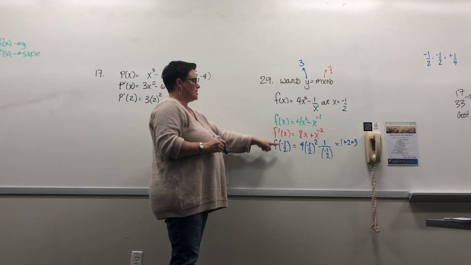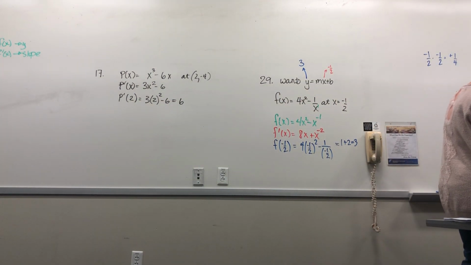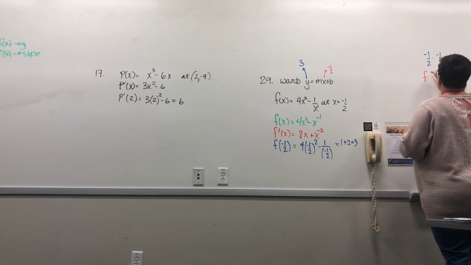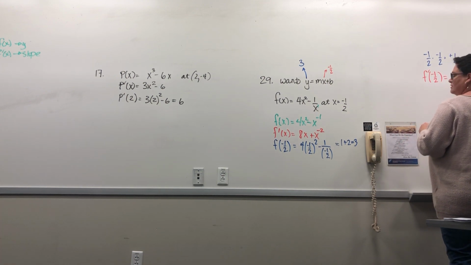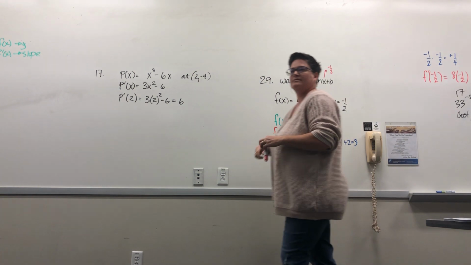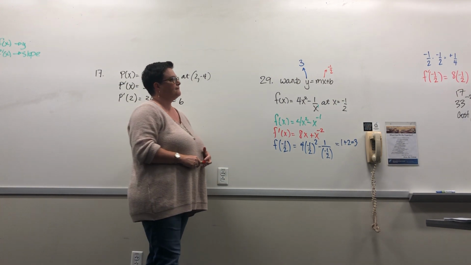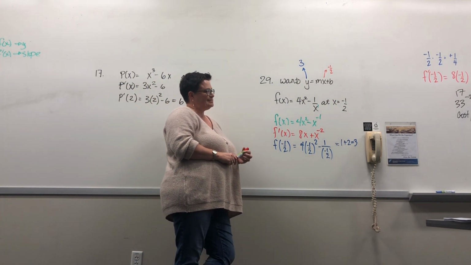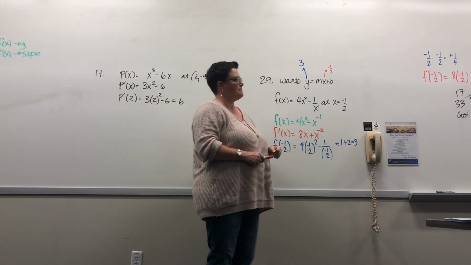And I'm going to get my m from plugging negative 1/2 into the derivative, right? Let's do that over here. F prime of negative 1/2 equals 8 times negative 1/2 plus, there's a negative, negative 1/2 quantity squared. How did I get this set up from this in red? If I take this back downtown, what does the sign become?